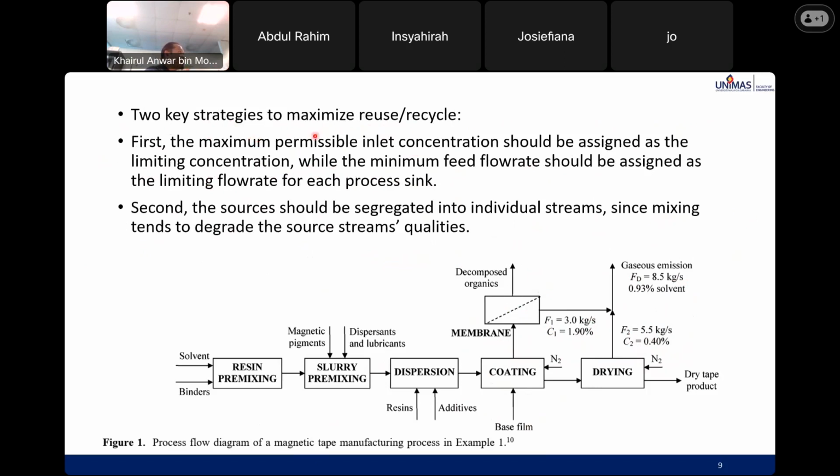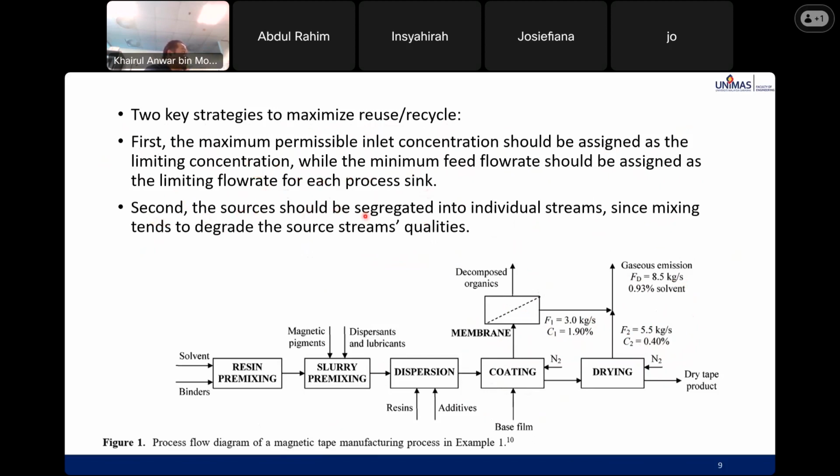Two key strategies to maximize reuse and recycle: First, the maximum permissible inlet concentration should be assigned as the limiting concentration, while the minimum feed flow rate should be assigned as the limiting flow rate for each feed.